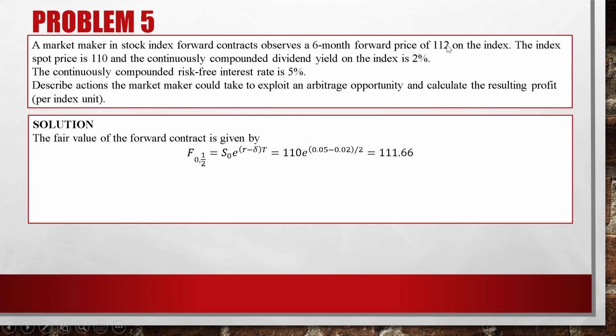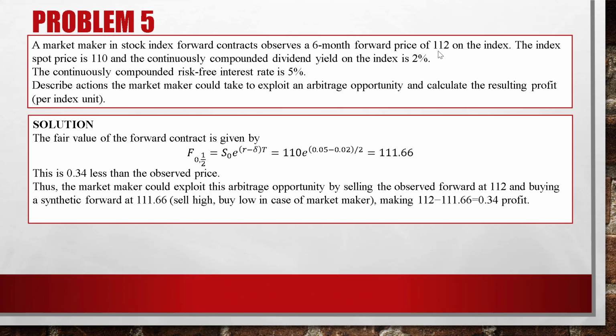So we say that the observed value is greater than the calculated value. In order to exploit an arbitrage opportunity, we basically buy low, sell high. So we have to sell the observed forward at 112 and then buy a synthetic forward at 111.66.